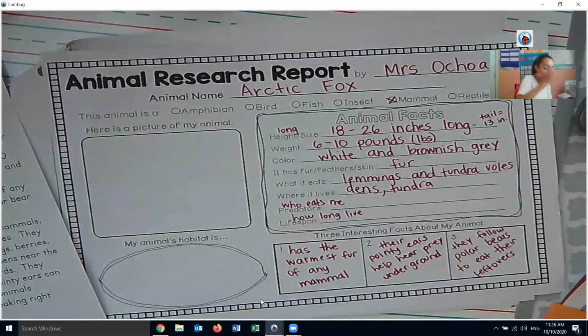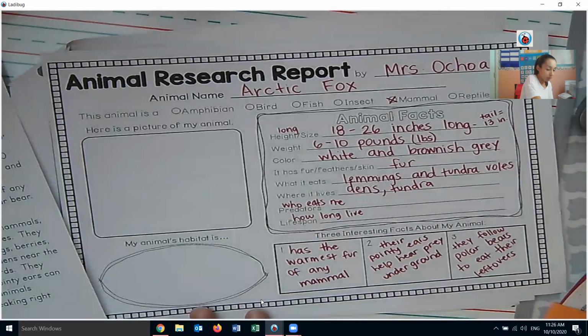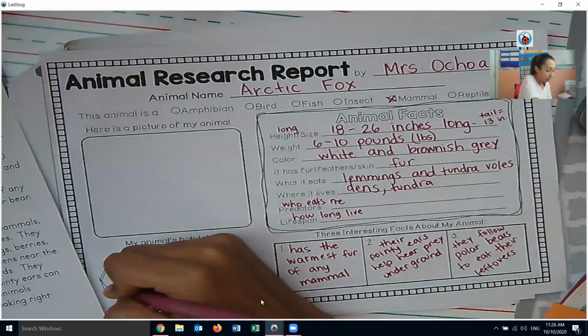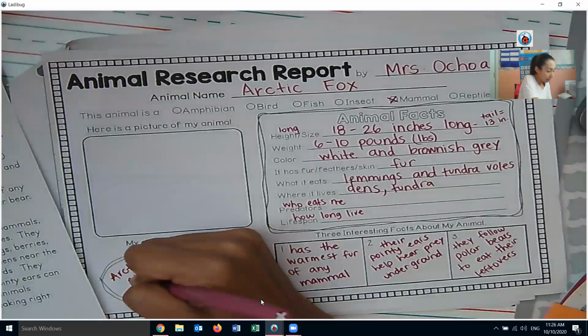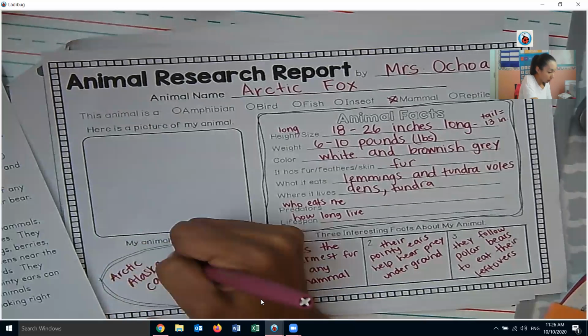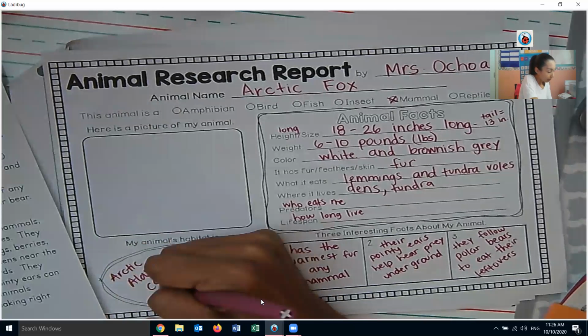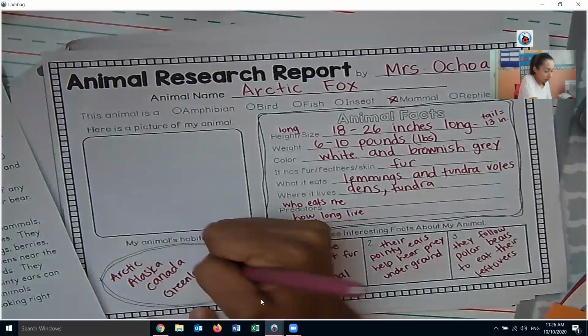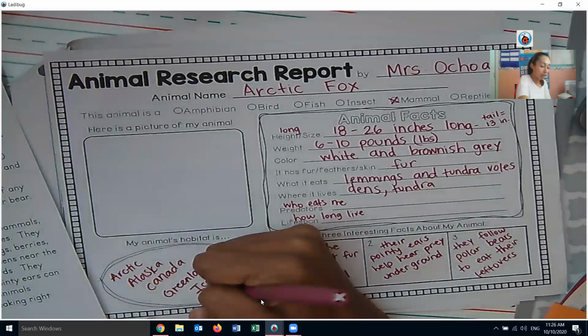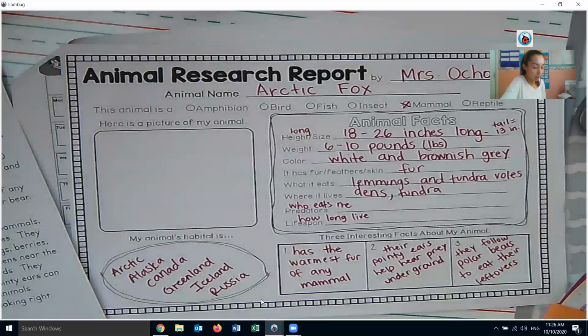My animal's habitat is, so I already wrote about dens and tundra, so maybe I'll write Arctic, Alaska, Canada. So I'll write those places they mentioned. Greenland, Iceland, and Russia. In dens, in the tundra, really is what it all is.